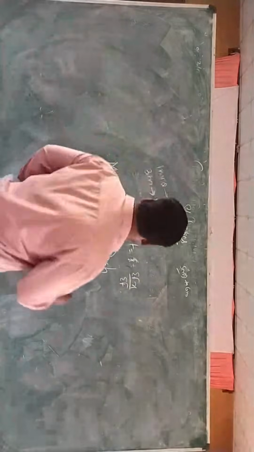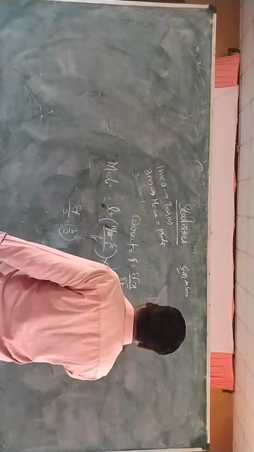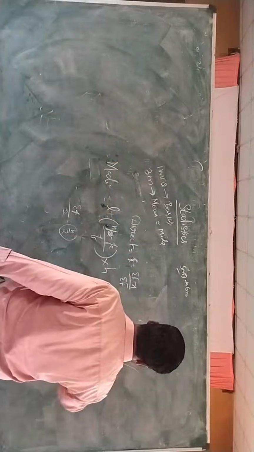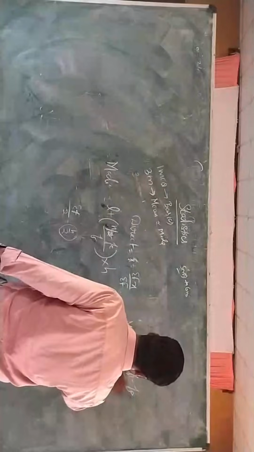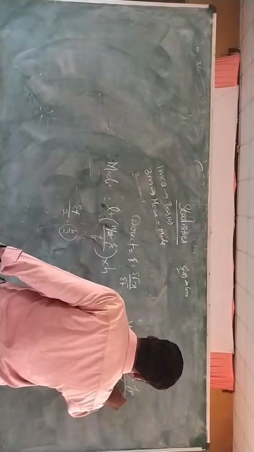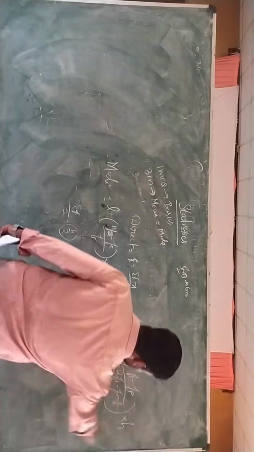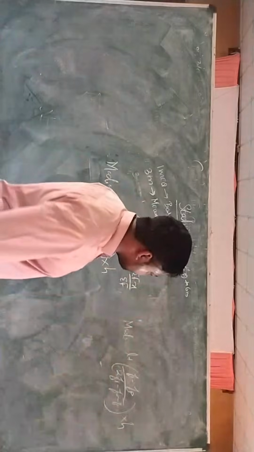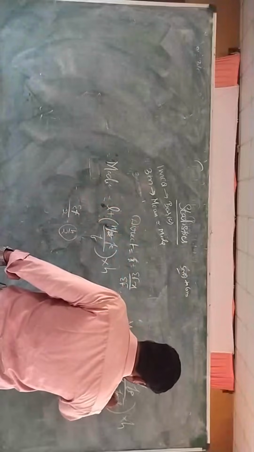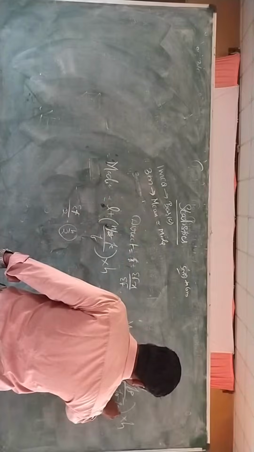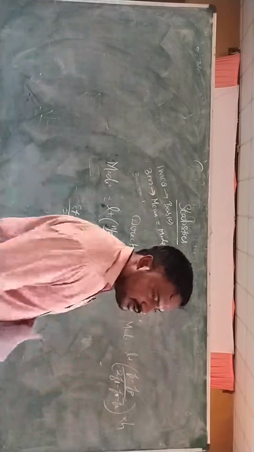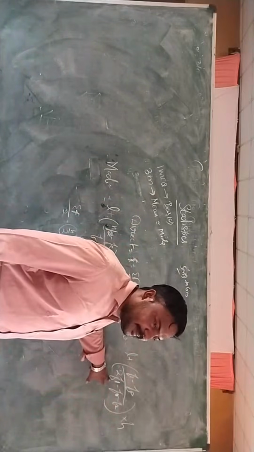And mode is equal to L plus (f1 minus f0) divided by (2 times f1 minus f0 minus f2) into h. So here, what is f0? What is f1 first?